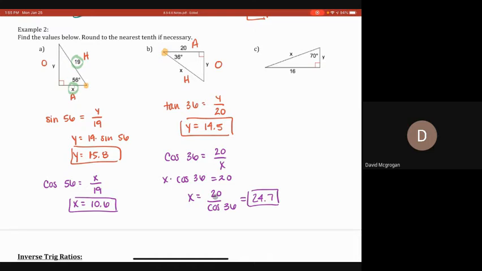Okay, so here's what you're going to have to do, Brandon. When you plug some of these in, you're going to have to type in the angle first. So if you want to find the tangent of 36, you're going to have to do 36 tangent, like that.